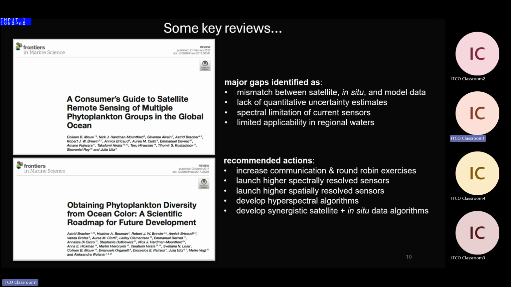Anyhow, we've made some inroads since about 2017 when these papers were published, and things are going in a pretty exciting direction now since PACE has been launched, because that's also driven the community to start collecting more validation data of different and complementary types all in one go.